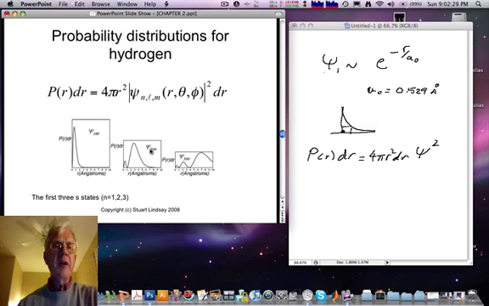In the case of the second principal quantum number, you see we now have an additional node in the distribution, but a main peak out at a larger distance. And now here, for the third principal quantum number, you see we have an additional node.